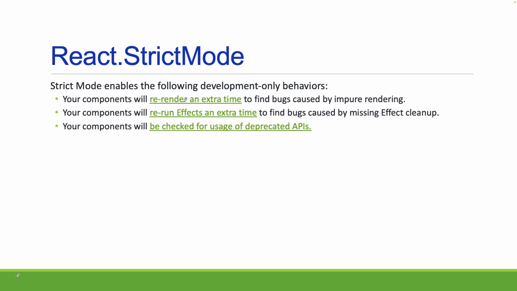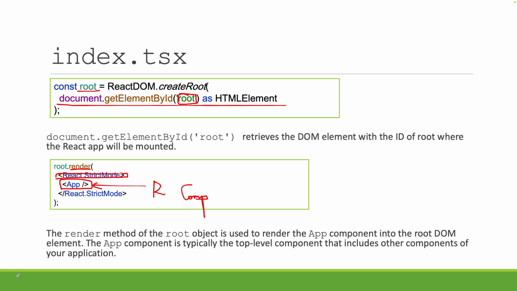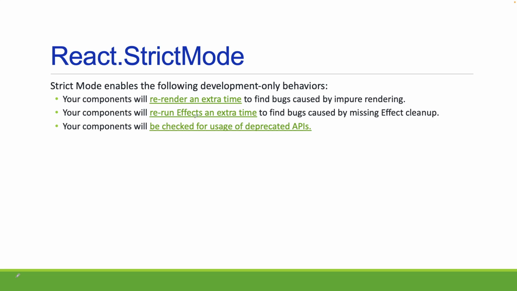It will re-render an extra time to find bugs caused by impure rendering. We'll run effects an extra time to find bugs caused by missing effect cleanup, and check for usage of deprecated APIs. Basically, this thing, React.StrictMode, you can get rid of it. But if you have this one, it will do the following checking, okay.